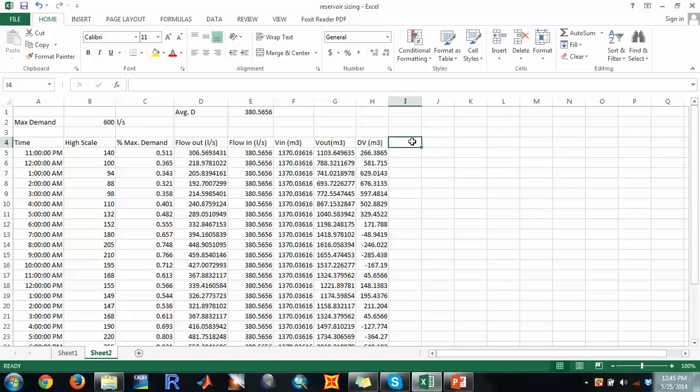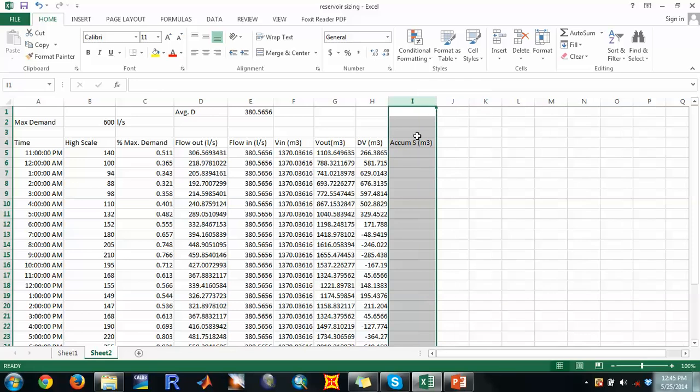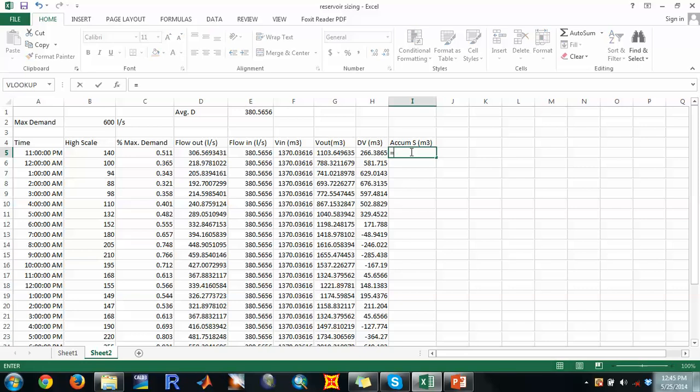This is your change in volume, and then you can find the total storage, the accumulated storage, in meter cube. The accumulated storage will be equal to the storage at time t, the current storage, plus the previously existing one. At this point we can consider it the same as this value, if the previous storage is 0.